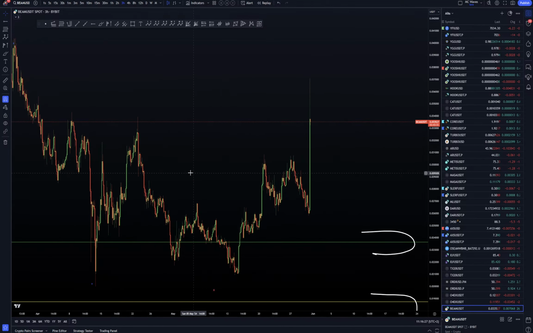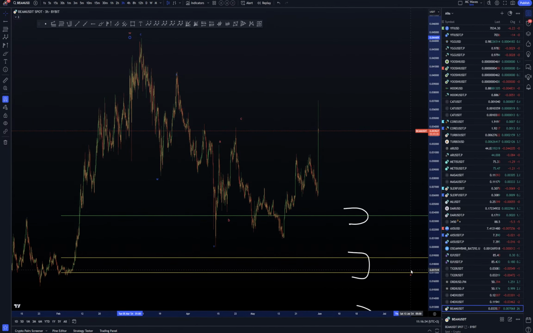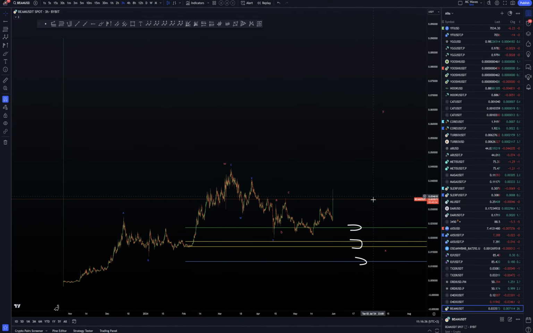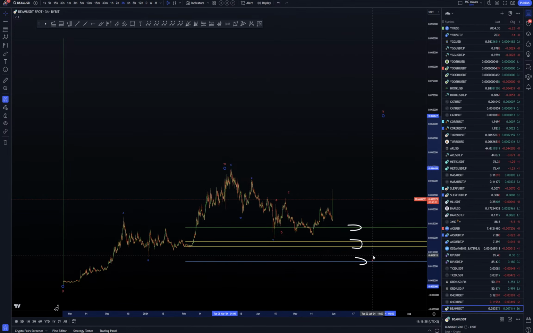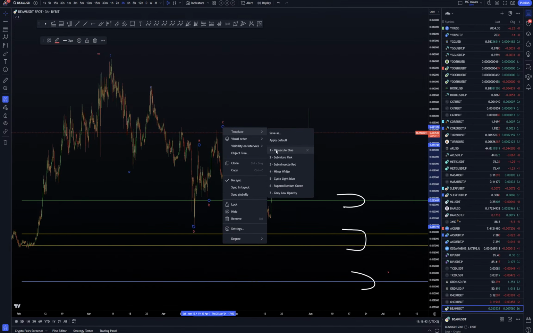And so if this is an ABC zigzag, it's not 5 waves. So let's put this here, bam. Let's make this X wave longer. Well, we can be in the Y wave, to be honest. We can get a correction in the Y wave. So let's move this like that.